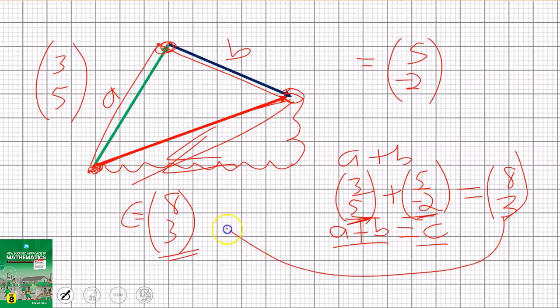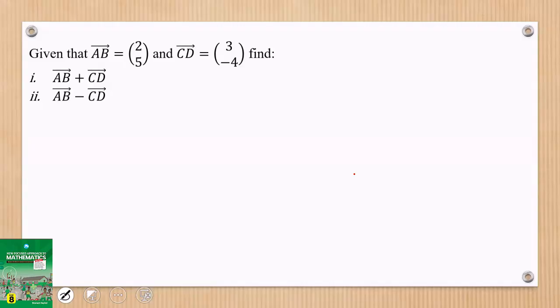It is the same result I have here. So A plus B really is equal to C. Geometrically, that's how we do addition of vectors, and algebraically, we add the x component and add the y component. Good.